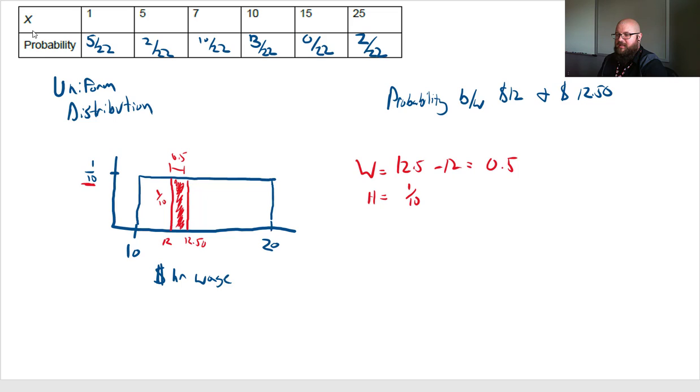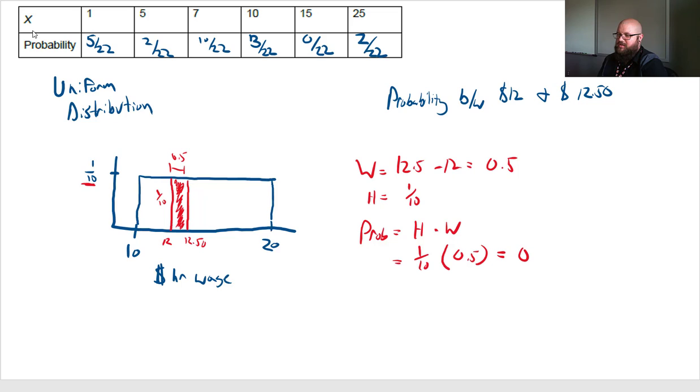So for the probability in the situation for uniform distribution, you're taking your height times your width. Our height was 1/10, and our width was 0.5.